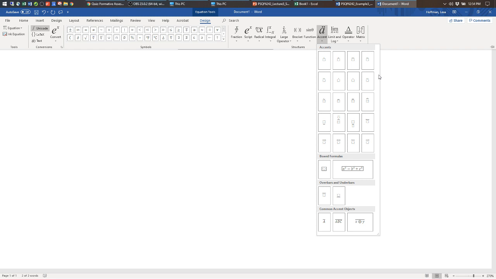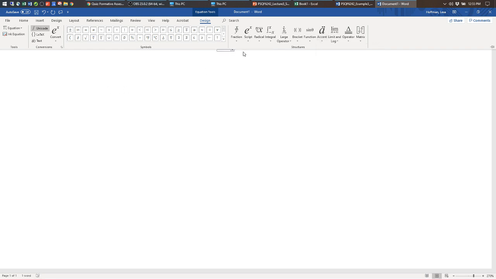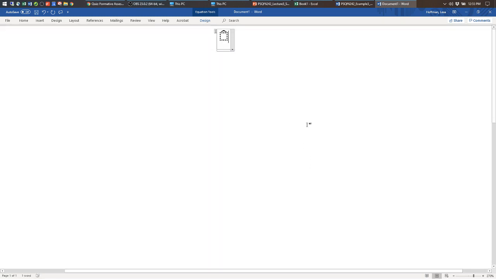Let me see if I can find that one. Boy, this print is small. But anyway, there it is. That's a caret. Then you just go into the little box and type it like that, and hit the arrow key to get out of it and keep typing. Otherwise, it'll keep extending the accent over whatever you've typed.